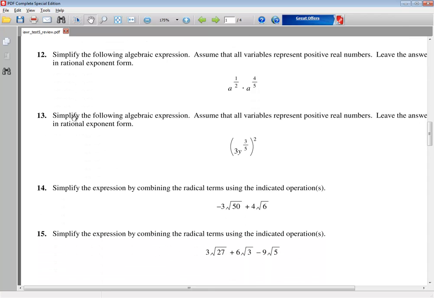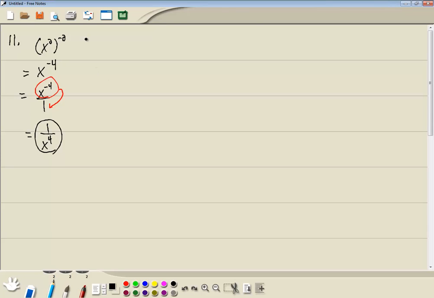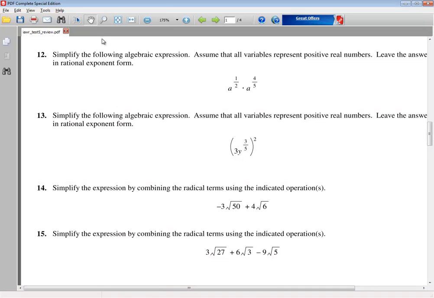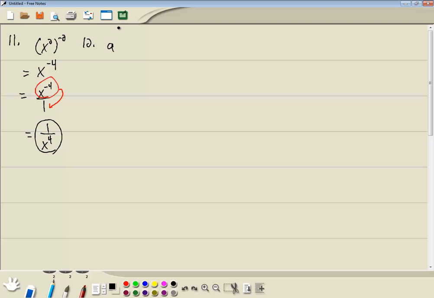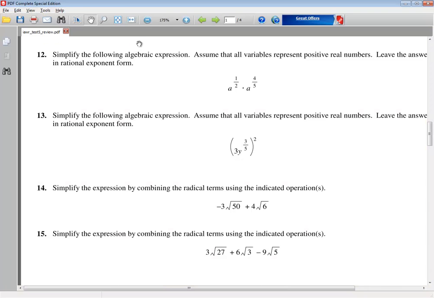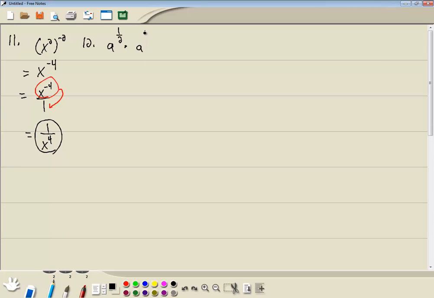Okay, number 12. We got a to the 1/2 times a to the 4/5. Now, whenever you have a to a power times a to a power, you're going to add the exponents. So we're going to have a to the 1/2 plus 4/5. Well, adding fractions works out better if they have a common denominator.